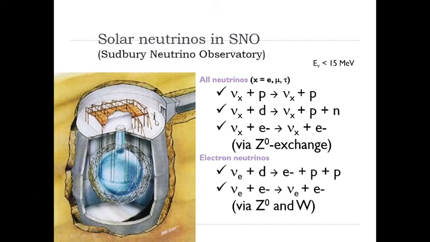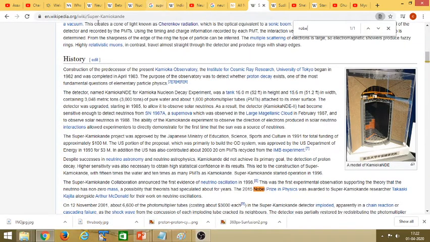You can see there's a man there, so you can get the whole scale of it. When the neutrinos come in here, they will interact. As you can see for the Super Kamiokande observatory, it's a tank 16 meters in height and about 60 meters in width, and it contains 3,000 metric tons of pure water and about 1,000 photomultiplier tubes attached to its inner surface.